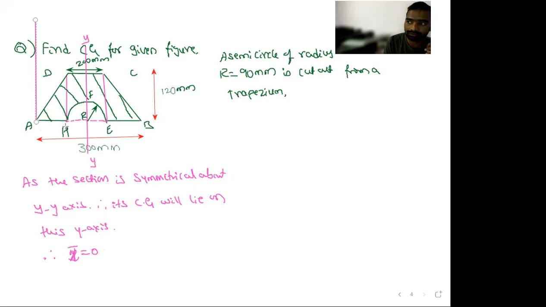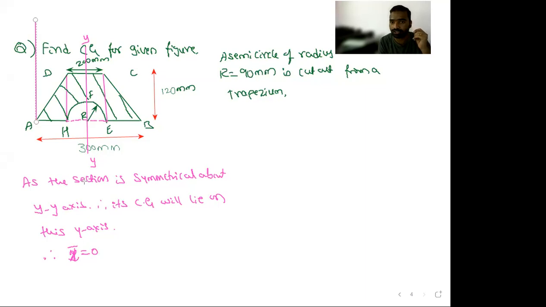It is not 0. X bar is not equal to 0. What will be x bar? 150. Yes, 150 is the correct answer, because along the x-axis the total is 300, divided by 2, so that will be equal to 150. X bar is equal to 150 from the reference axis.